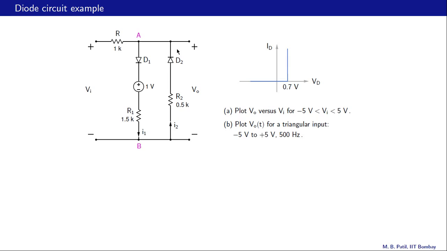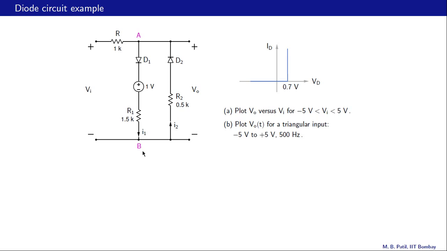So what it means is VB minus VA must be greater than 0.7 volts now, because this voltage drop I2 R2 can only be positive. In other words, for D2 to conduct, we require VBA to be greater than 0.7 volts, and what that means is VAB must be less than minus 0.7 volts.